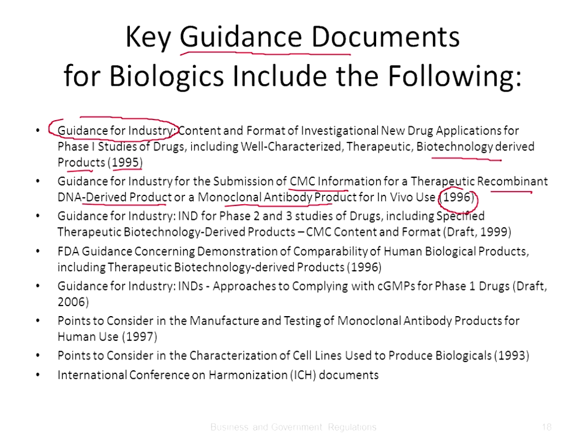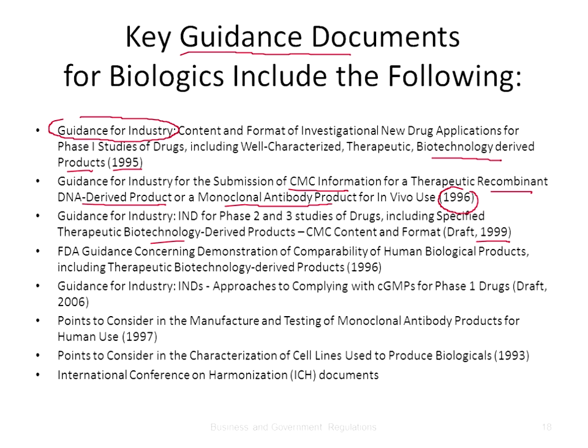Then there is IND for phase 2 and 3 studies of drugs, published in 1999, well, draft. Again, therapeutic biotechnology derived products. So basically, these are all guidance documents that are relevant to biotech products.